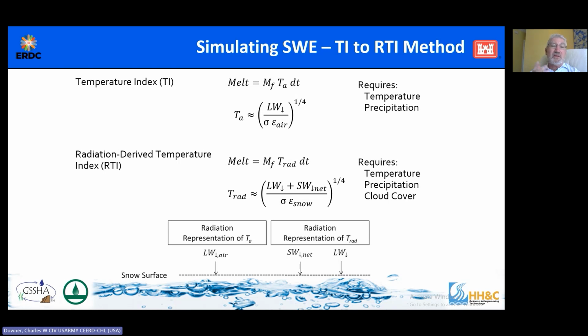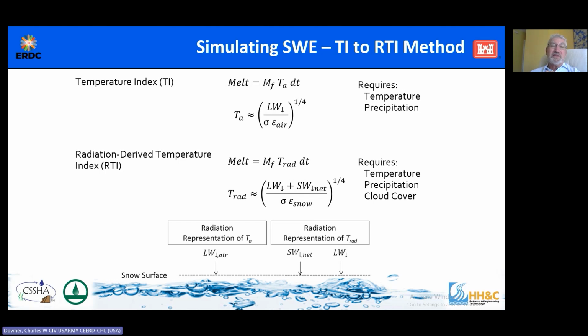There's another, a radiation-derived temperature index, the RTI method, they call it. It requires temperature, precipitation, and cloud cover. The nice thing about it is that it looks at other things besides just the temperature. It doesn't really use the temperature; it uses a proxy temperature.